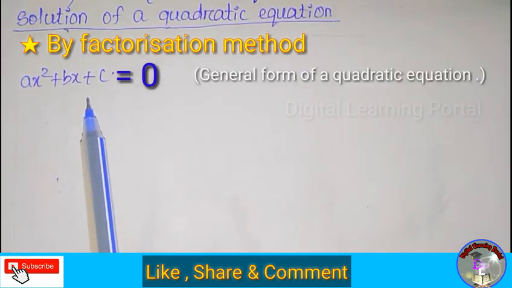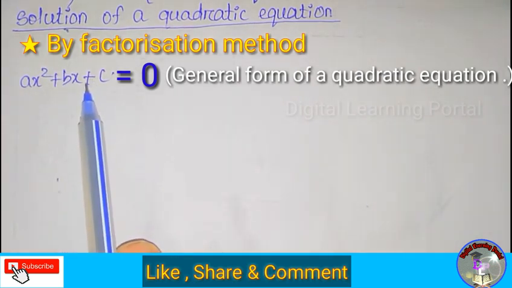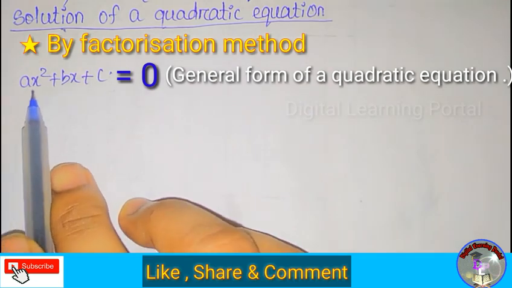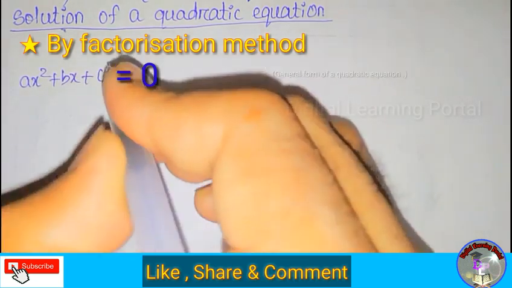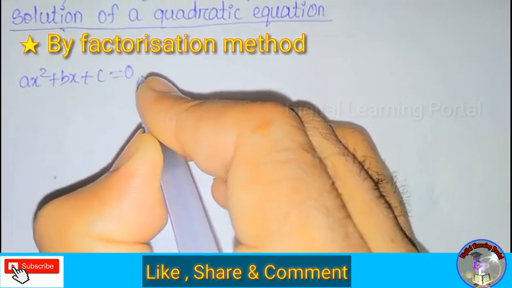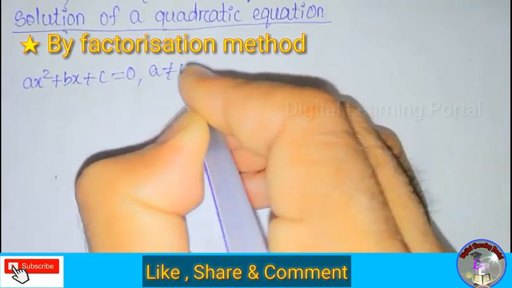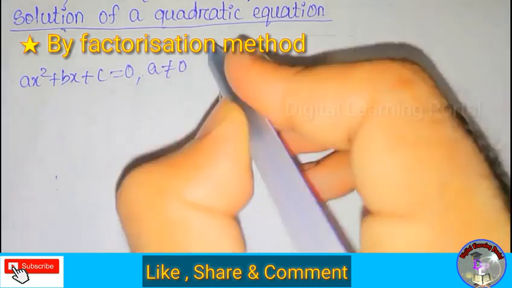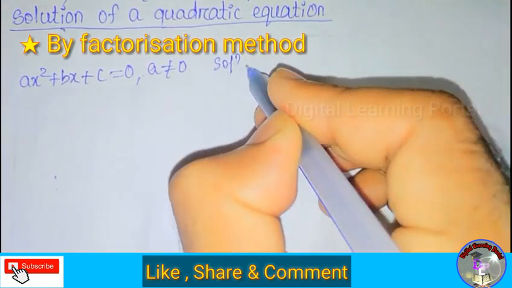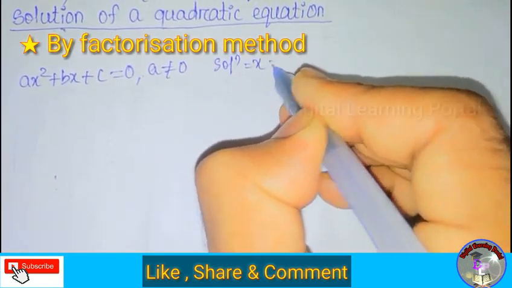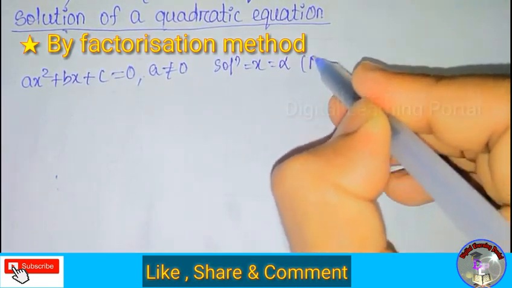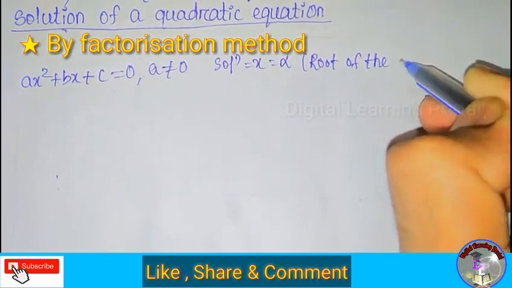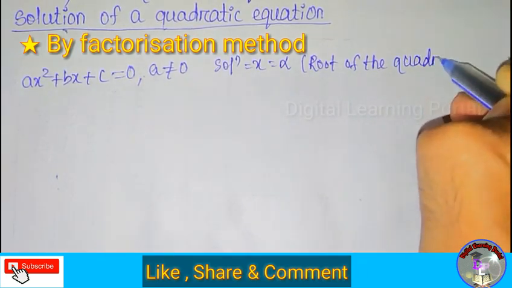Solution of a quadratic equation. This is the general form of a quadratic equation: ax square plus bx plus c is equal to 0, where a is not equal to 0. And its solution can be written as x is equal to alpha. This is the root of the quadratic equation.